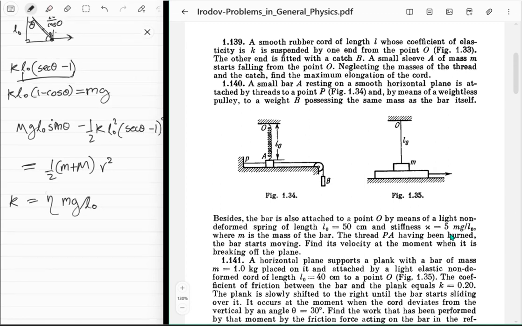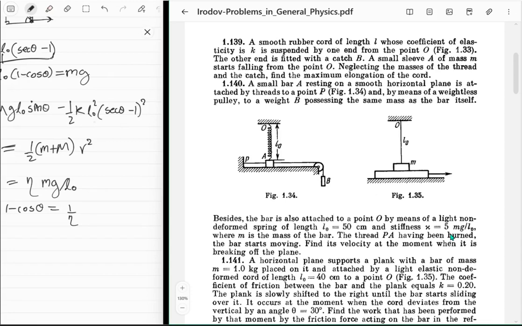With that substitution, 1 minus cosine theta is just mg upon L naught, and that upon K, it's like 1 upon this guy. Okay, think about it. Yes, this looks correct.